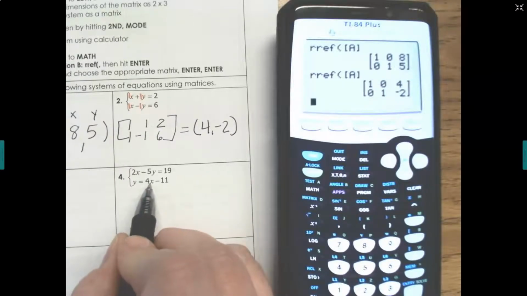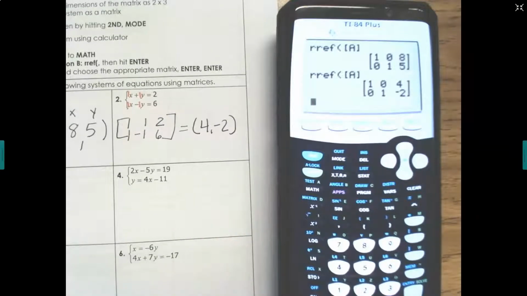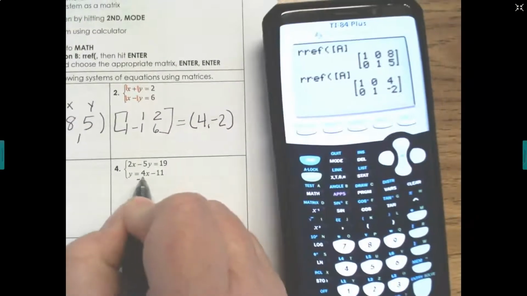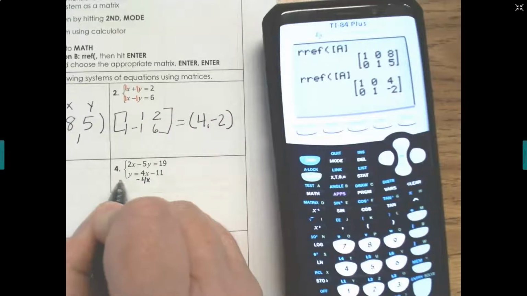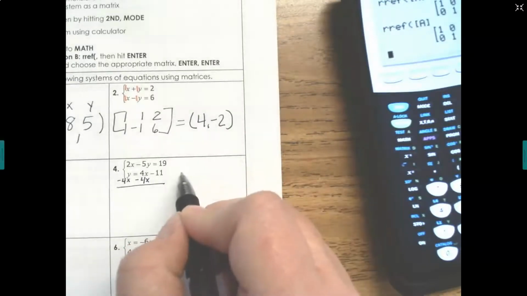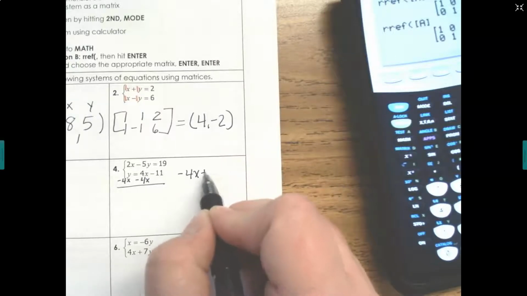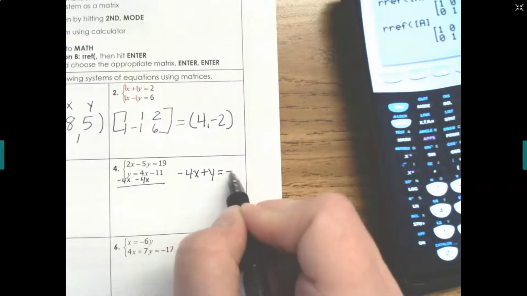So this 4x needs to come back over to the number side if we look at number 4 here. So if I subtract 4x from both sides, this equation turns into -4x plus y equals -11.